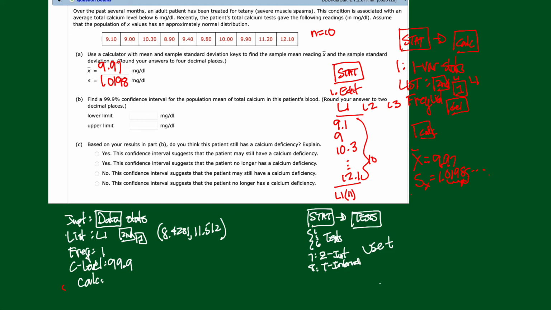It wants the lower limit rounded to 2 decimal places. Rounding up, I'll write 8.43. And the upper limit, rounded to 2 decimal places, I'll get 11.51.